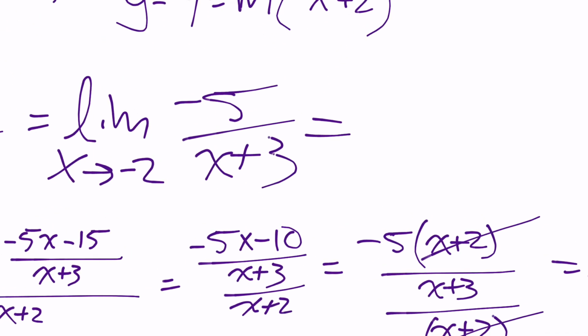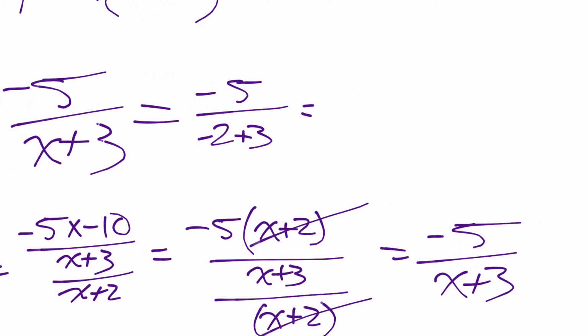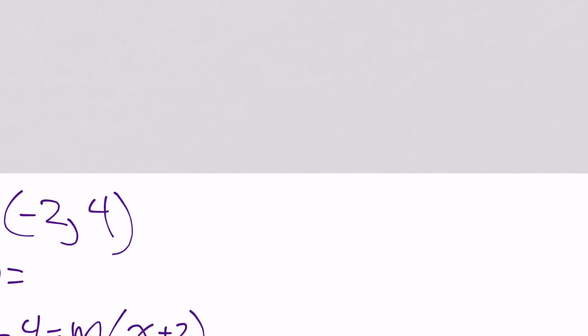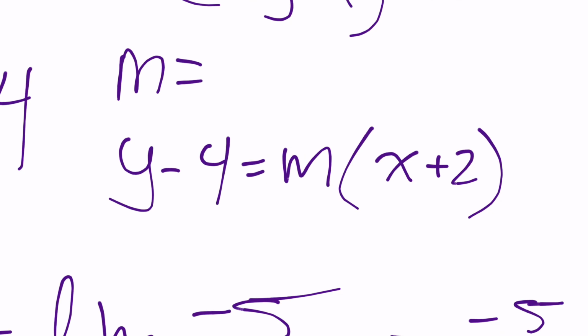Well, we plug in the x value of the hole. So -5 divided by -2 plus 3 equals, again, -2 plus 3 is the same as 3 minus 2, which is the same as 1. So -5 over 1 is just -5. And so I found my slope, which means I know this value of m here is -5.